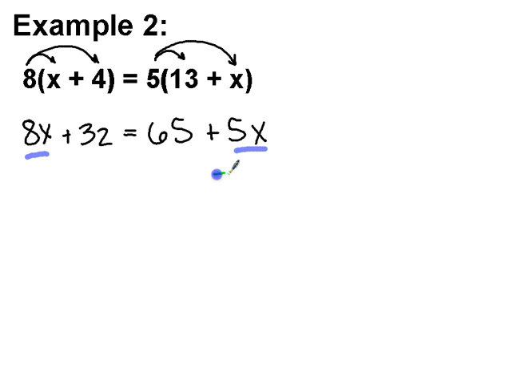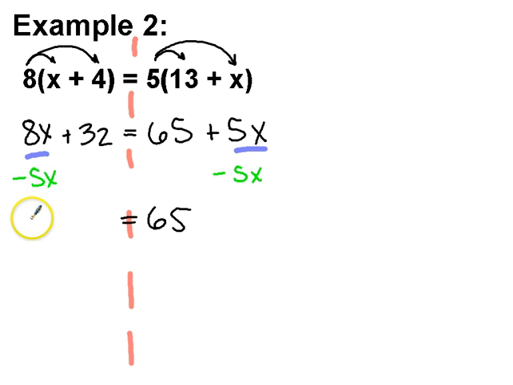So that means I'm going to subtract the 5x away and take away 5x from the right-hand side as well. And we can see there that on the right-hand side, I'm left with 65. Left-hand side, 8x take away 5x would give me 3x plus 32.